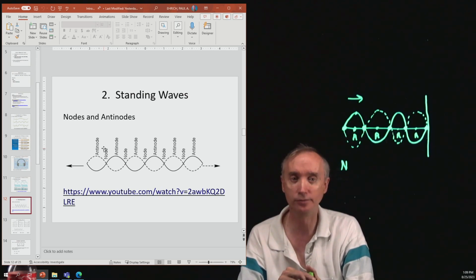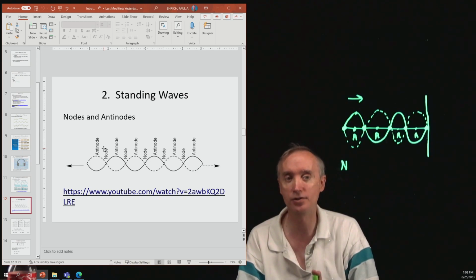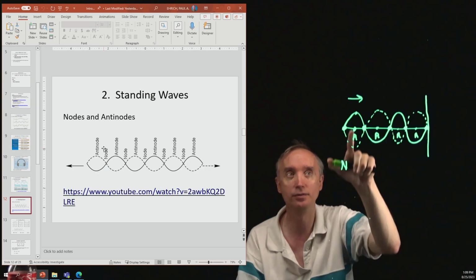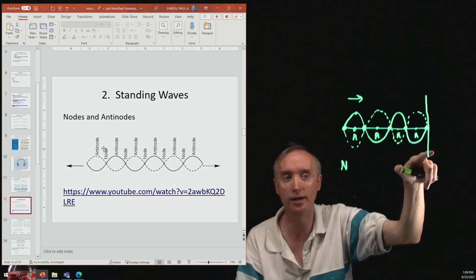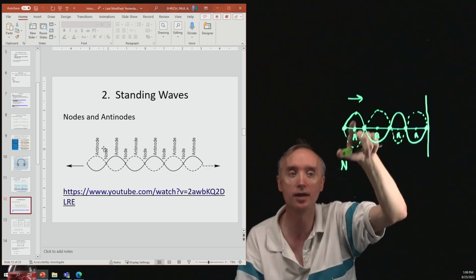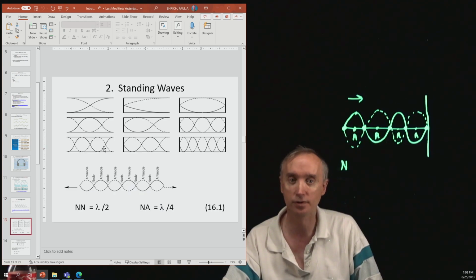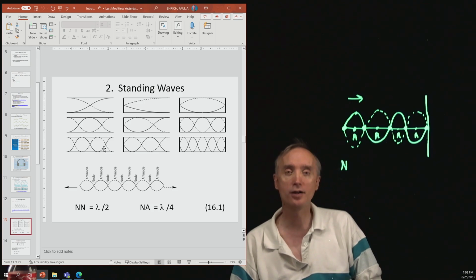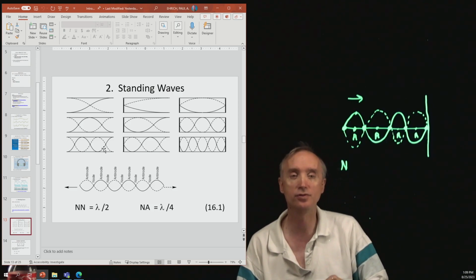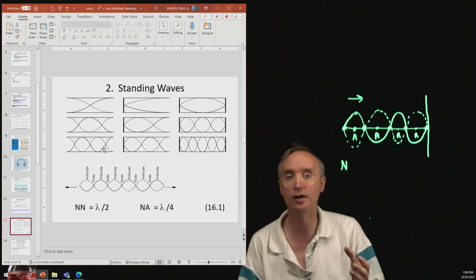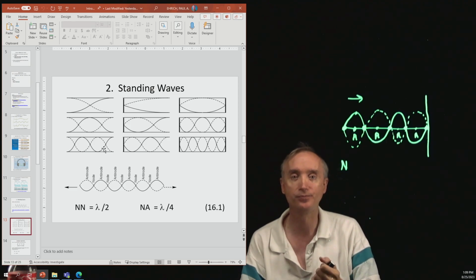I wonder if there isn't a relationship between the wavelength of the wave and nodes and antinodes. It turns out that there is. But before I do that, let's show you different kinds of nodes and antinodes.